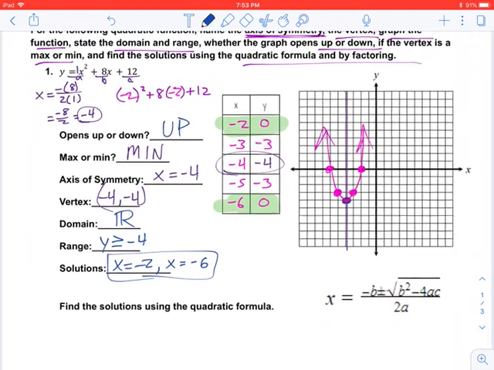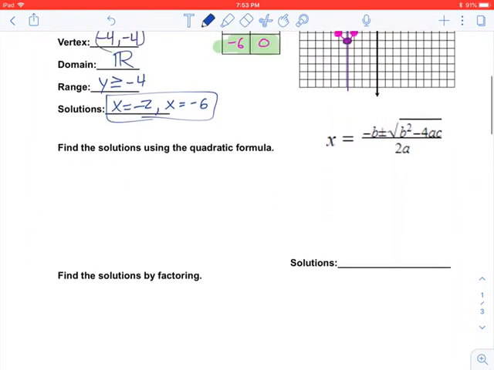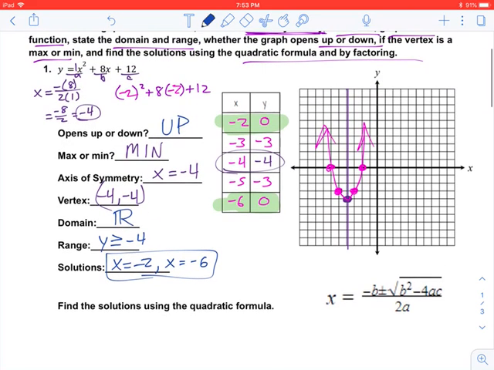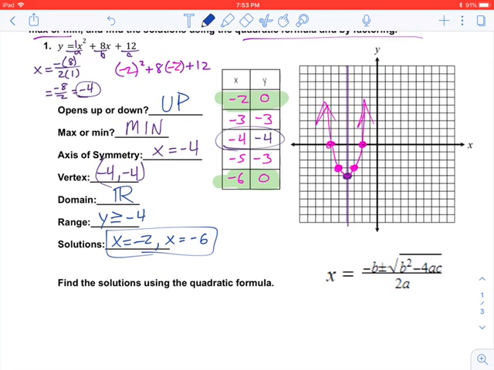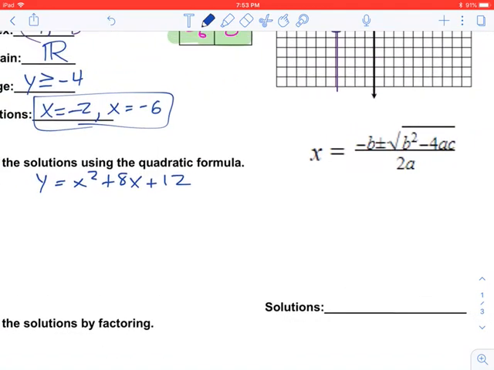Okay? So that's graphing. And now we're going to do the same thing, but with the quadratic formula, and we should get the same answers. Okay, so I'm going to rewrite my equation down here just so I don't have to keep looking back up here. All right, so if that's my equation, I've got a is 1, b is 8, c is 12.